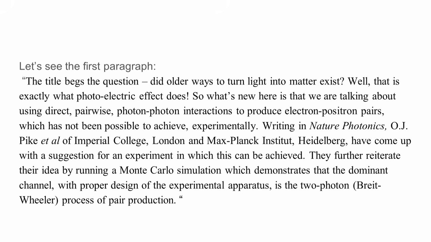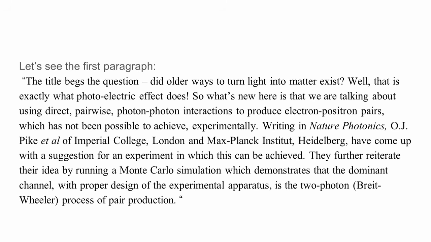The title begs the question, did older ways to turn light into matter exist? Well, that is exactly what the photoelectric effect does. So, what is new here is that we are talking about using direct pairwise photon-photon interactions to produce electron-positron pairs, which has not been possible to achieve experimentally.